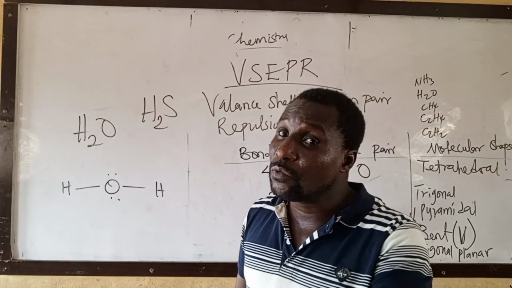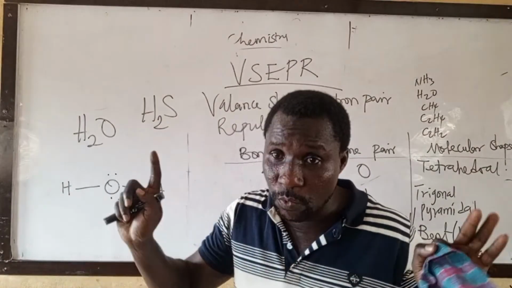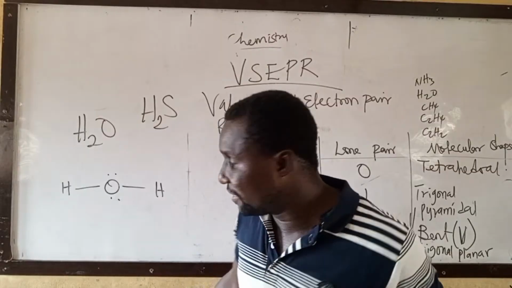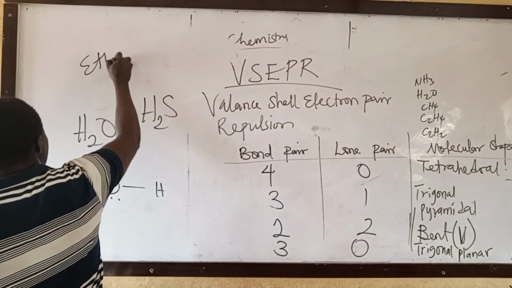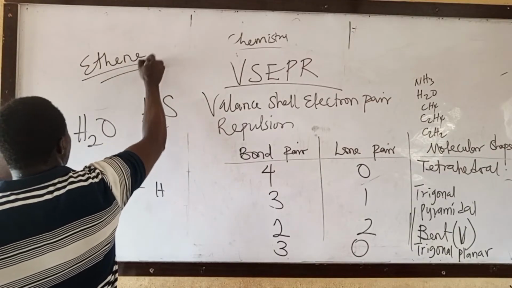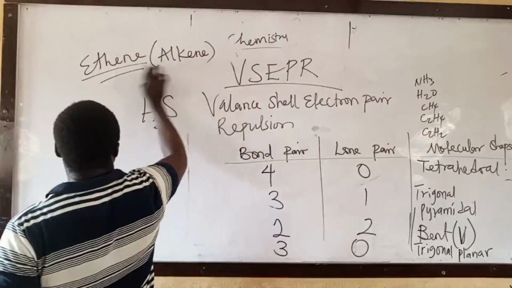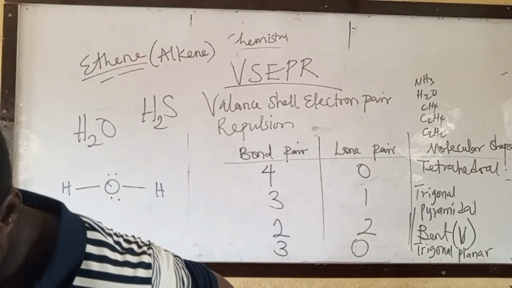but for O level there's just one they want you to know, which is what? Ethene. Example of this one, write it down. That means a member of alkene. The shape of alkene is what? Trigonal planar.